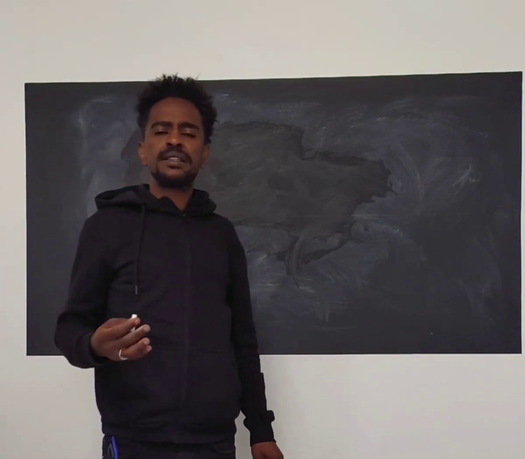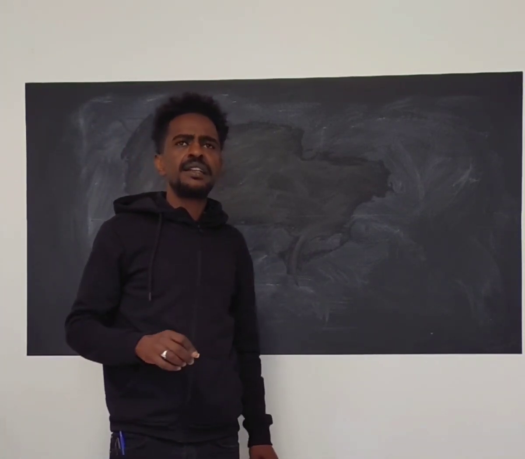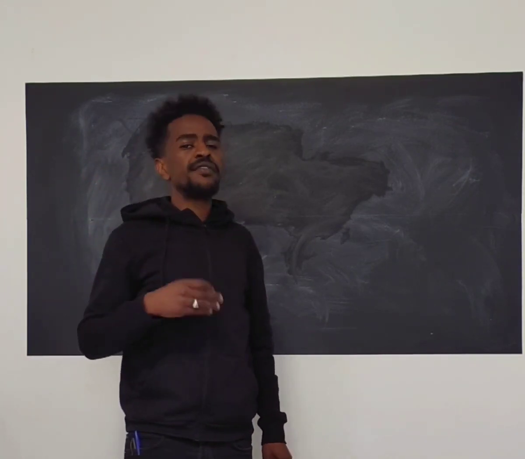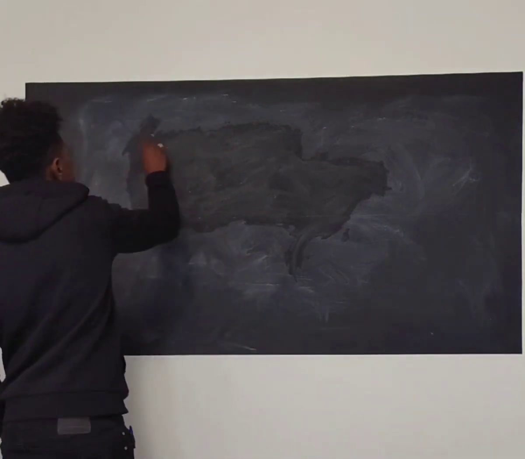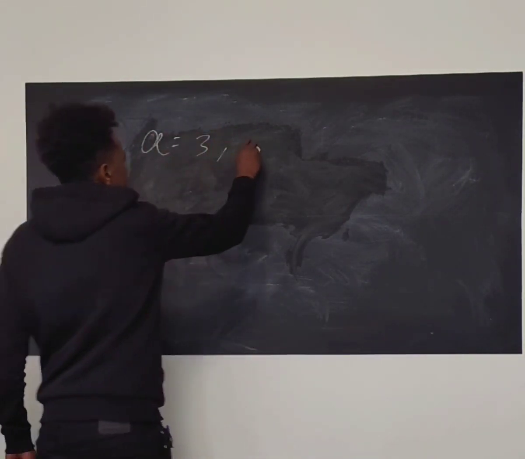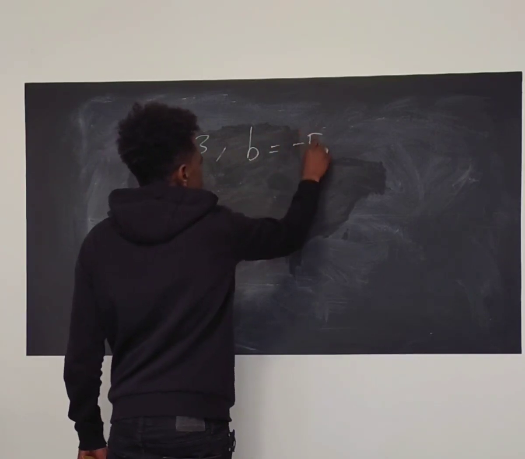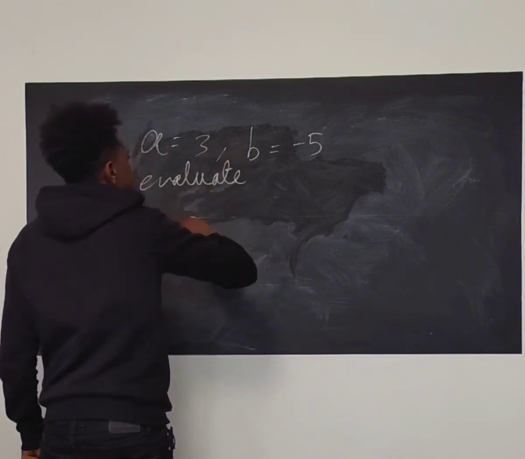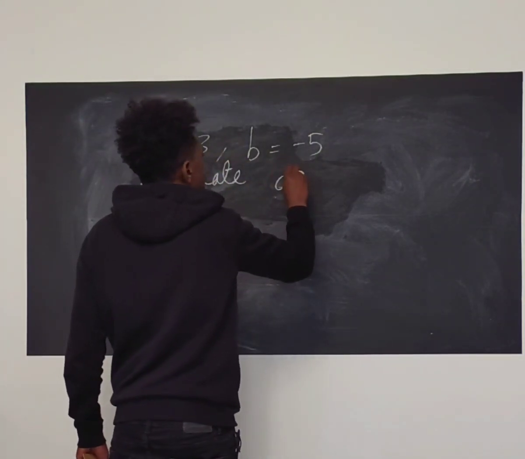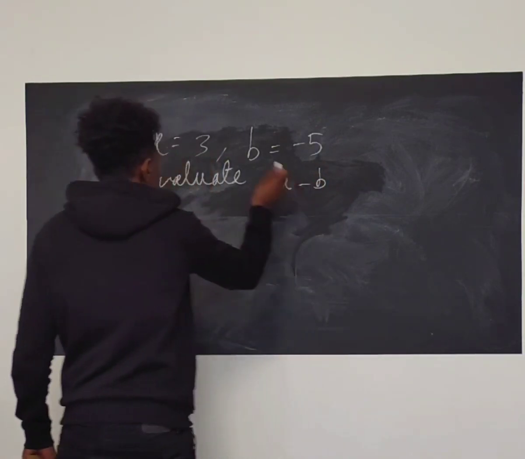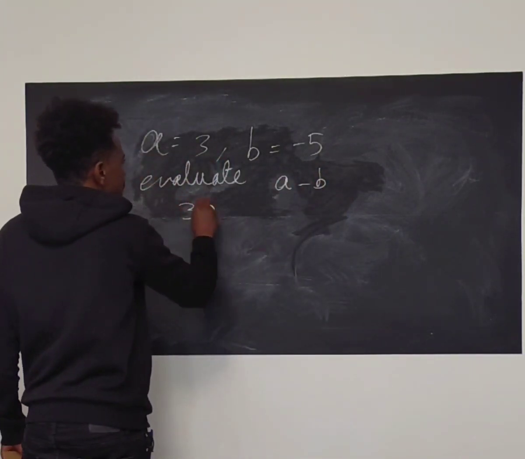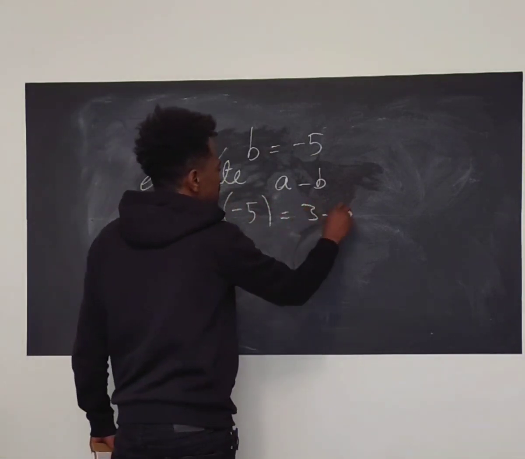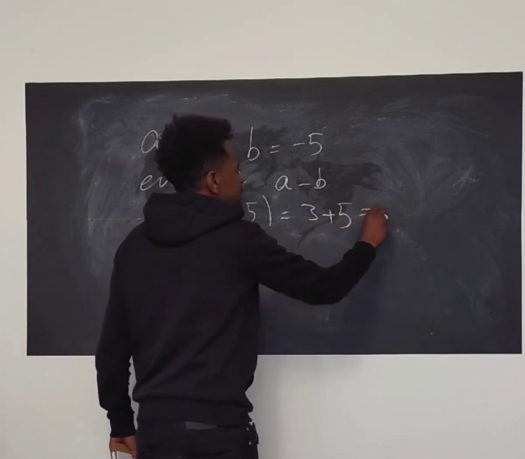So to evaluate an algebraic expression, we need to replace the unknowns with their values. For example, if we have a that is equal to 3 and b that is equal to minus 5, and the question is evaluate a minus b, that is simply going to be 3 minus b, that is minus 5, and this is going to be 3 plus 5, and this is 8.